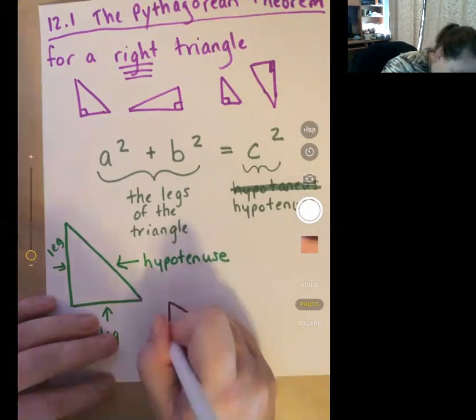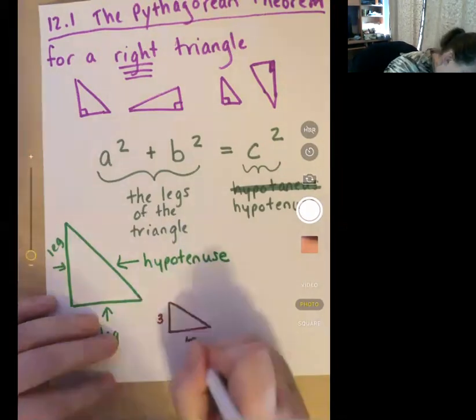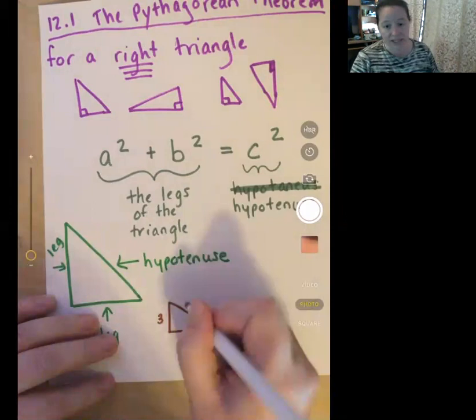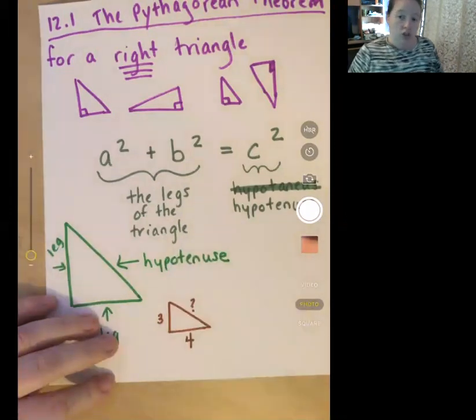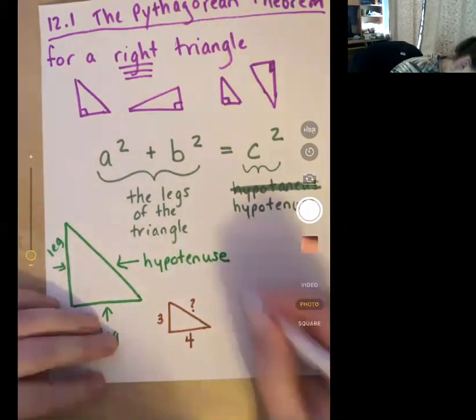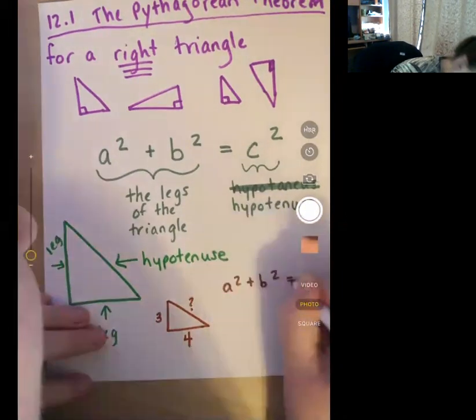I know that this side is 4 inches, and I want to know what this side is. So I have a squared plus b squared is equal to c squared.